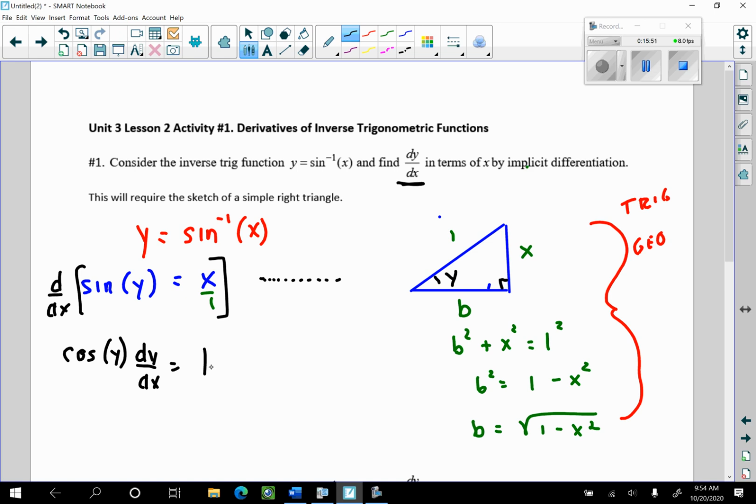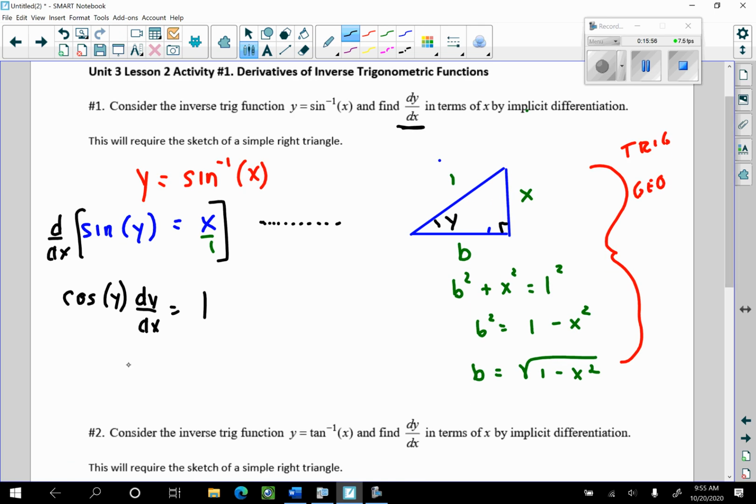So what is dy dx? Dy dx is equal to 1 over cosine of y. Hello, neighbor. What is cosine of y?